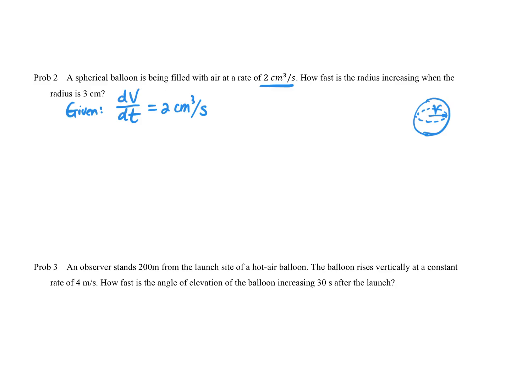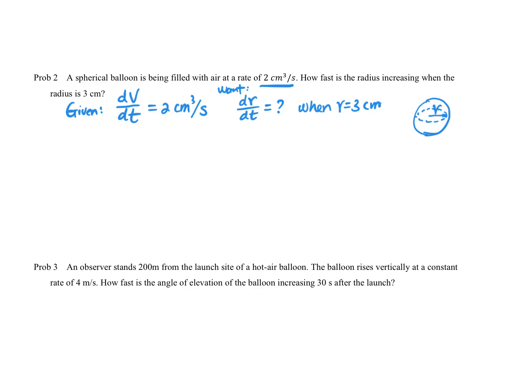And what do we want to find? We want to find how fast the radius is changing, the rate of change in the radius. So we want to find dr dt. So this is what we want, when the radius is equal to 3 centimeters.